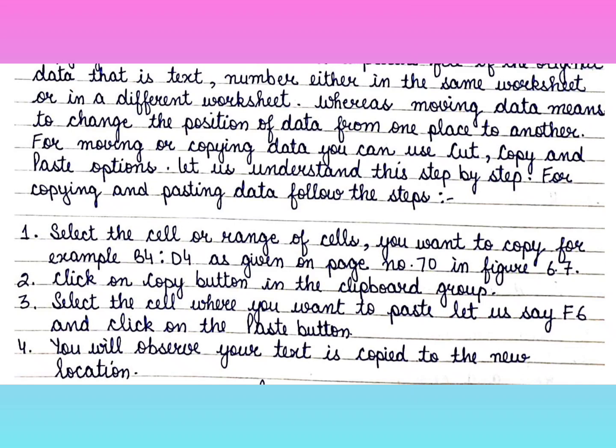Click on Copy button in the clipboard group. Number 3. Select the cell where you want to paste, let us say F6, and click on the paste button. Number 4. You will observe your text is copied to the new location.